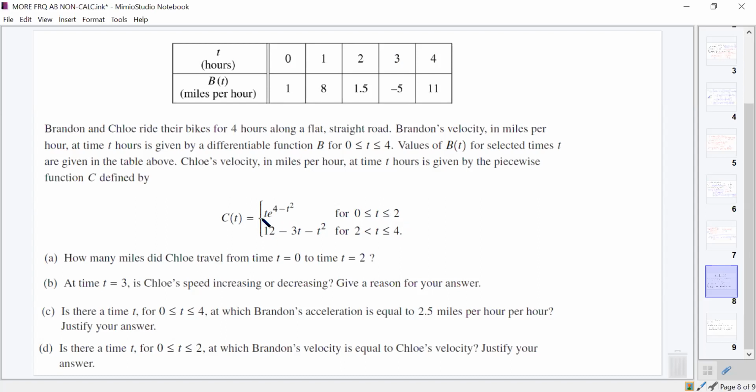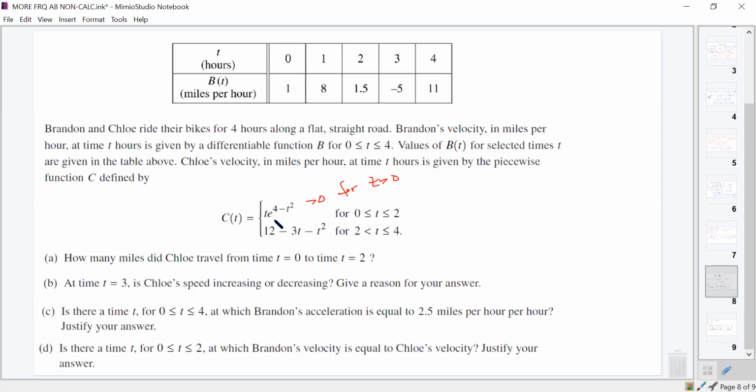And then e to any power is always a positive number. So you know that this function is always positive. In fact, this is greater than 0 for t greater than 0. So we don't need to worry about taking the absolute value of it.